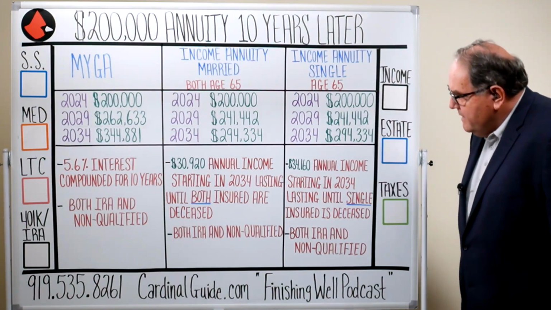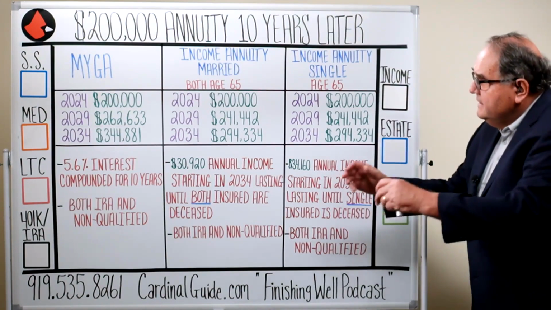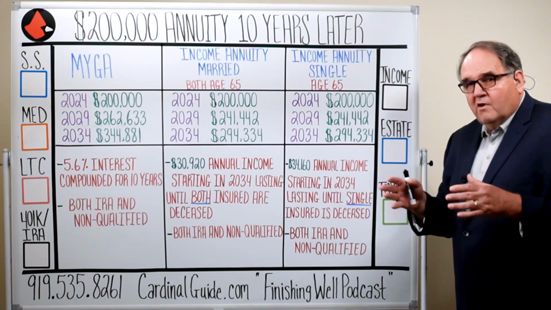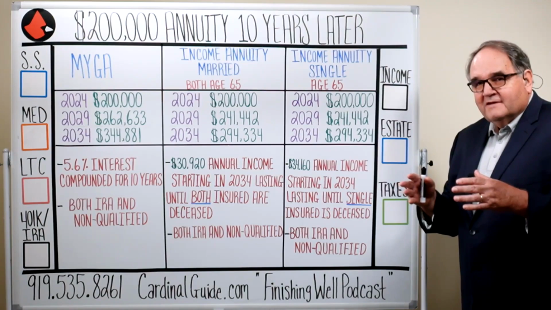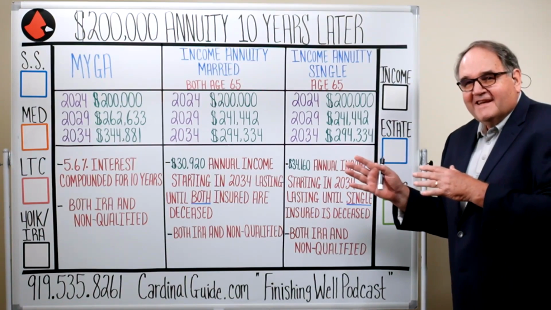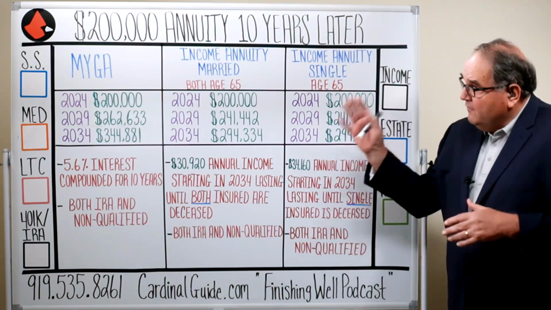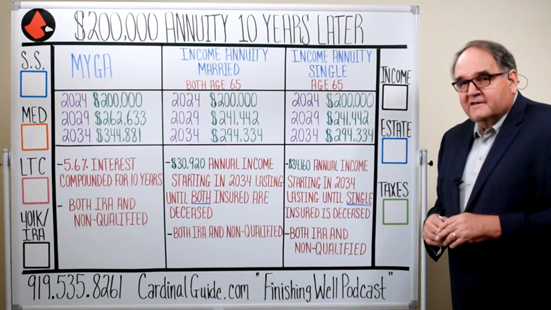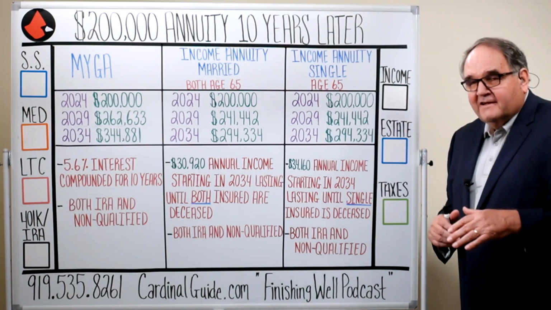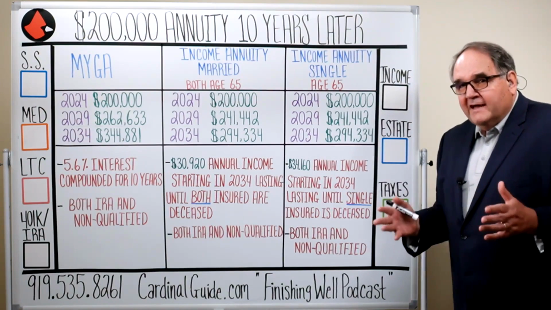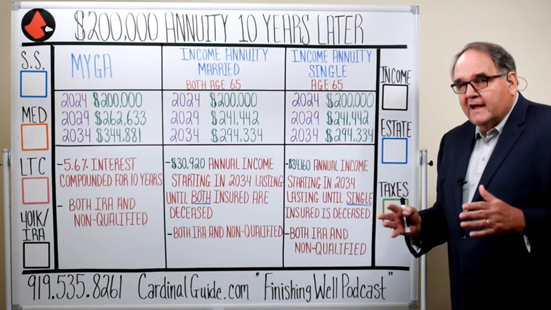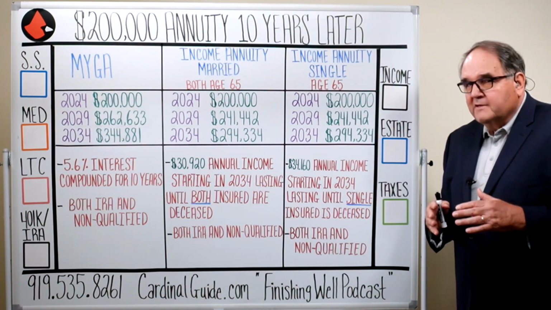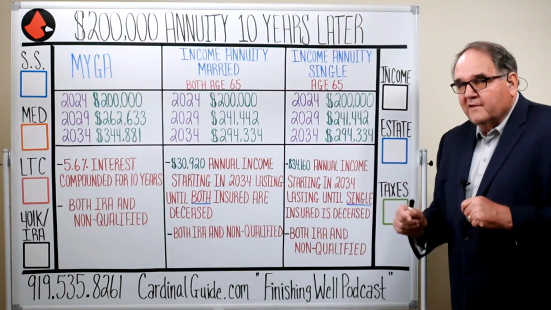Yeah, and I think what Tom emphasized is we don't offer annuities in just a one-off thing, and it sounds a little bit like that today, where we're just going over a $200,000 MYGA and it's 10 years, it's 5.6%. If you had 200,000 and that's all you had, we might recommend an annuity for part of that, but we're not going to recommend you put all 200,000 in this one thing.